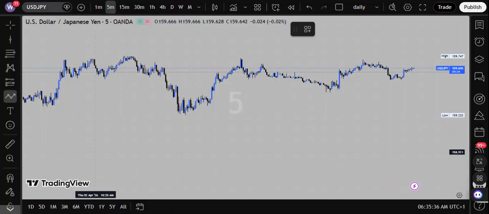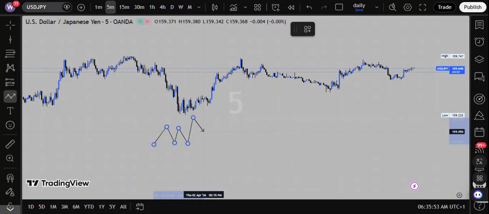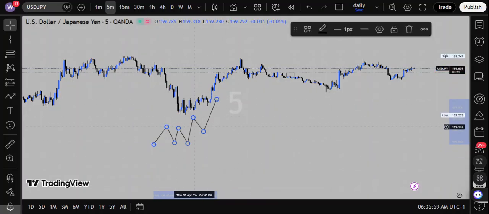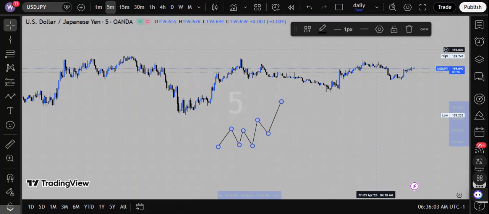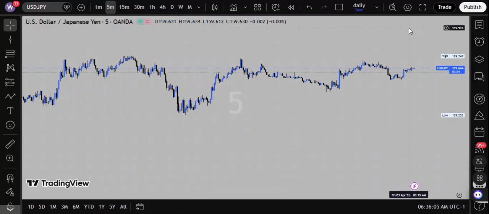For example, if price has been consolidating for some time, what we want to see is price take out either the high or the low of this consolidation and give us a strong move to the upside. So majorly, the market has more volatility during market sessions. Do you understand what I'm saying? So there is high volatility during these sessions.